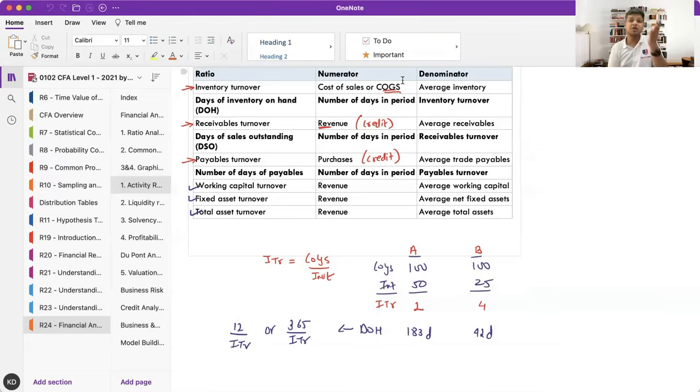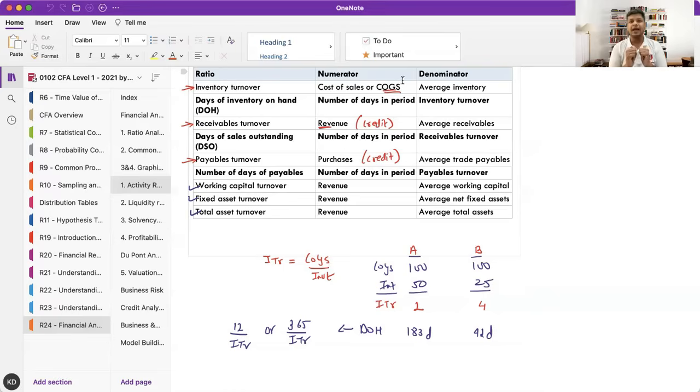Higher receivable turnover ratio means how quickly I get my receivables. So do you want your receivables to convert into cash in less number of days or more? Less number of days, right?